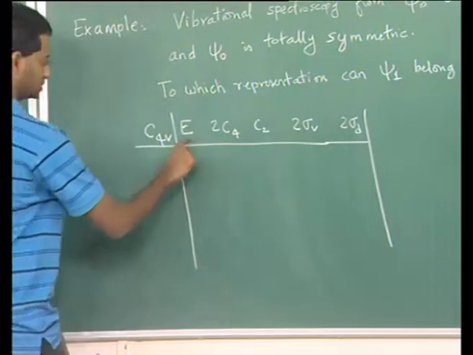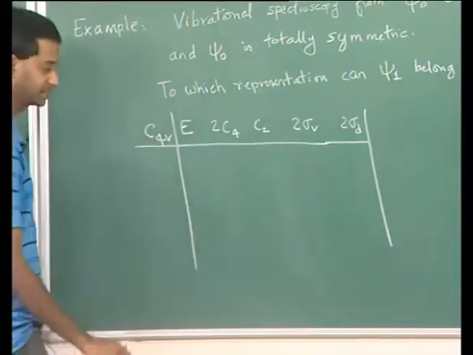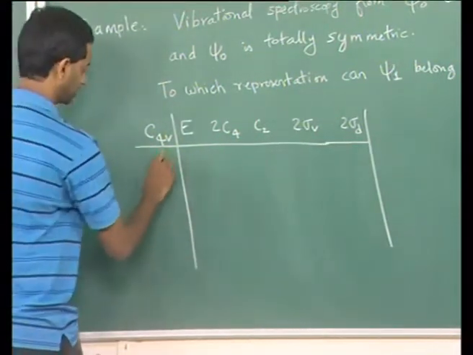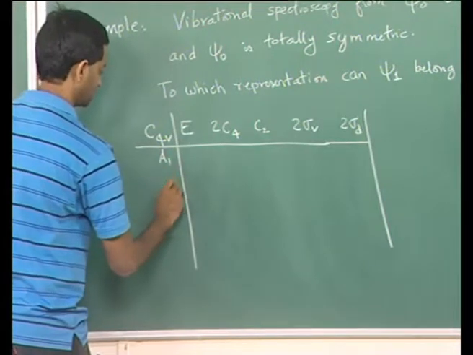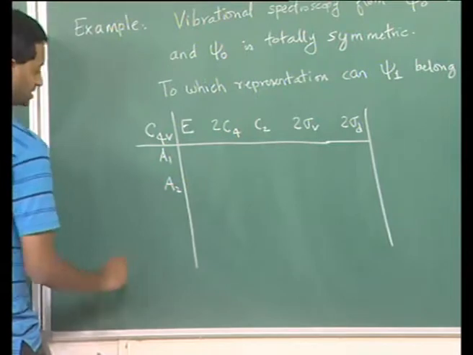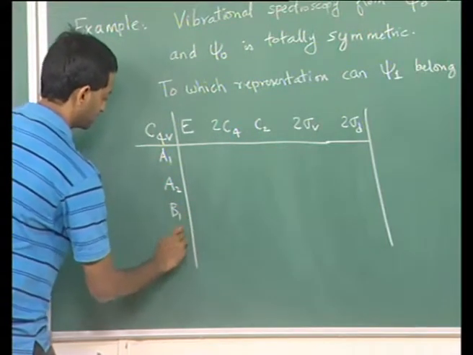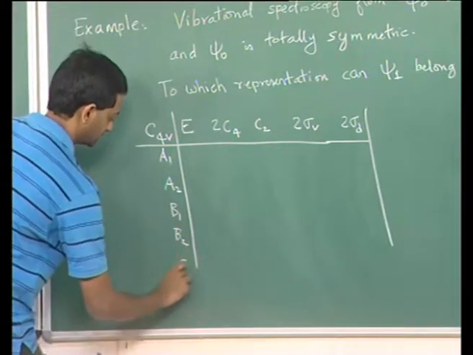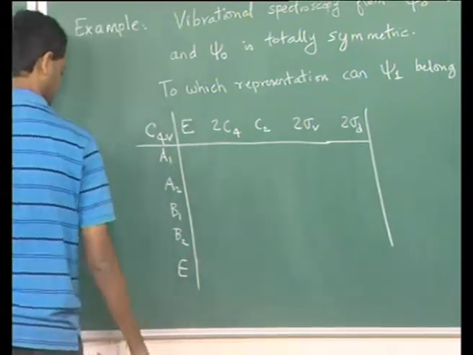The order of the group is 8, and A1 and A2 are one dimensional representations, as are B1 and B2, and E is a two dimensional representation.